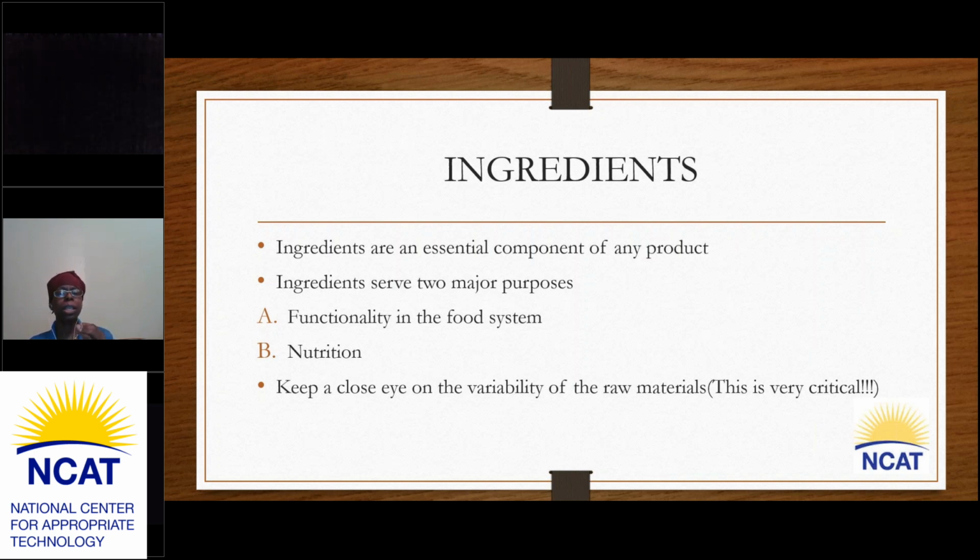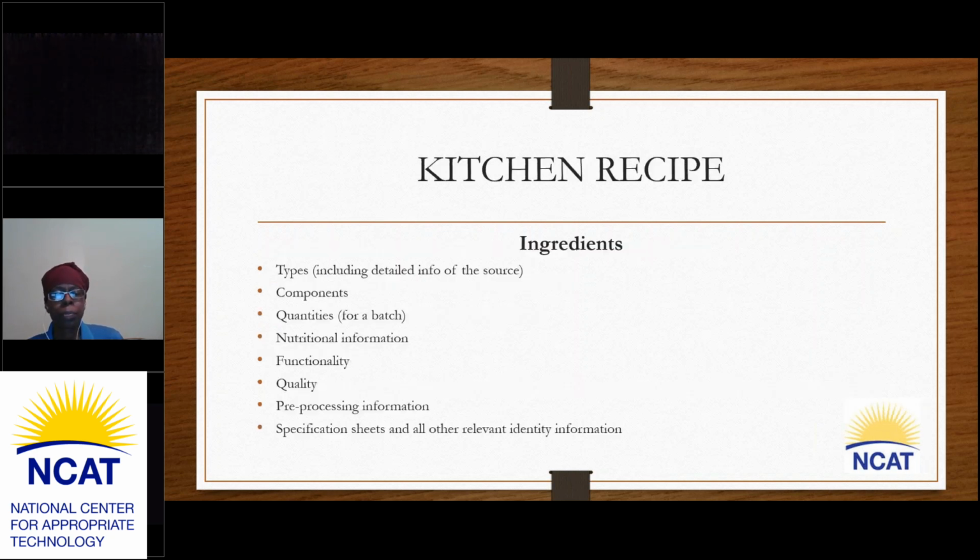When you are sourcing your raw materials, it's so very important that you always continue to do product deviations and taste testing, and we're going to talk about that. You always keep redoing your product and testing it out for yourself when you make any change in your product. So again, for our ingredients, you want to have your types, including detailed info of your source.